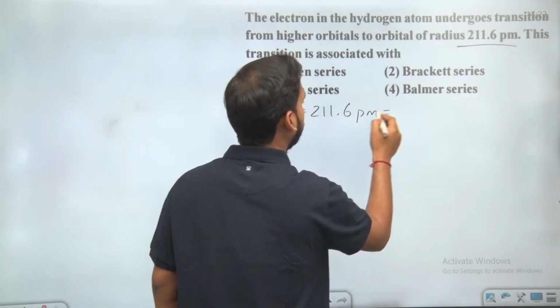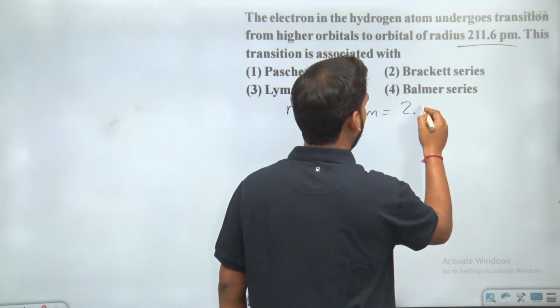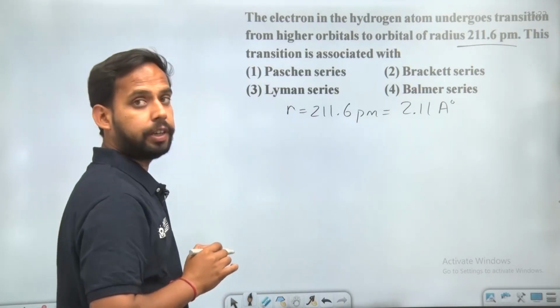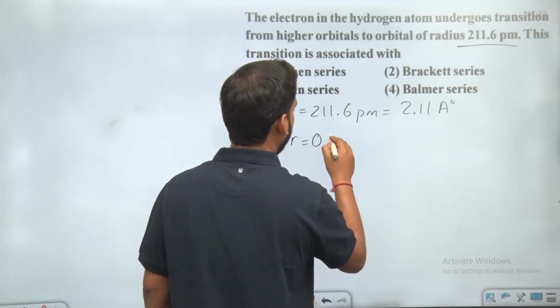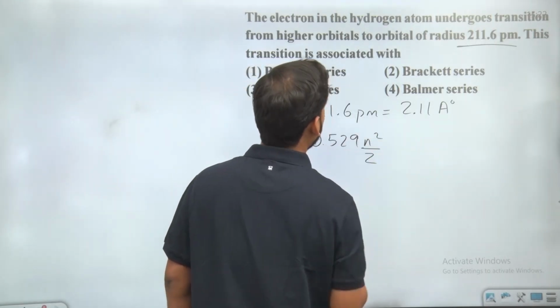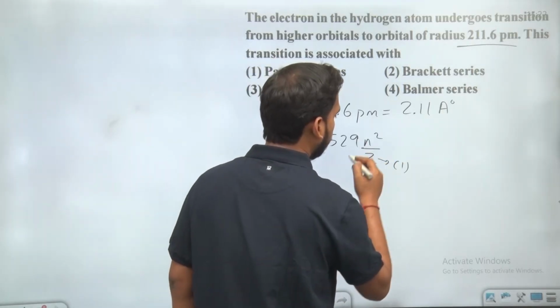When we convert this to angstrom, it becomes 2.11 angstrom. And the formula of the radius is 0.529 n square upon Z. Here it is a hydrogen atom, so Z will be 1.